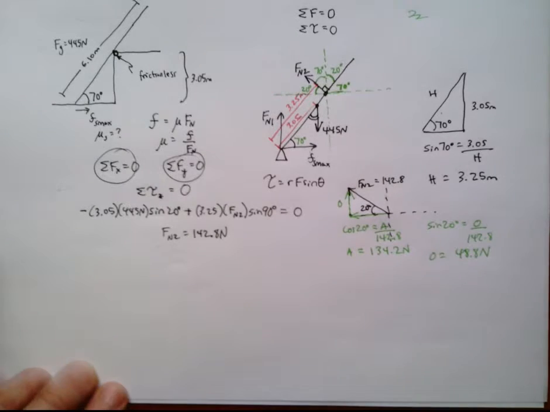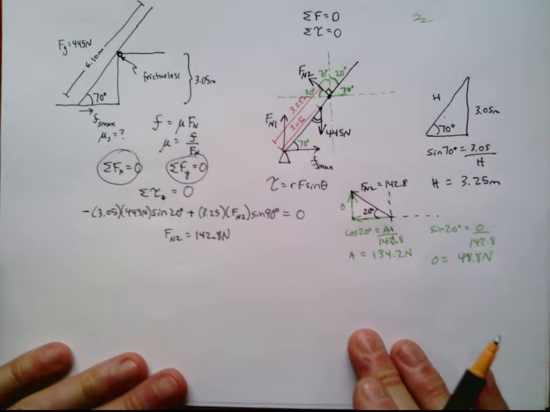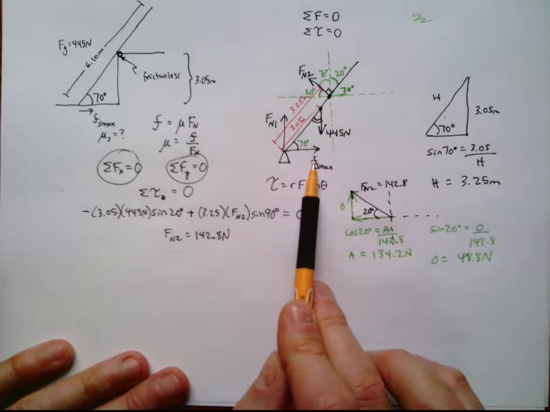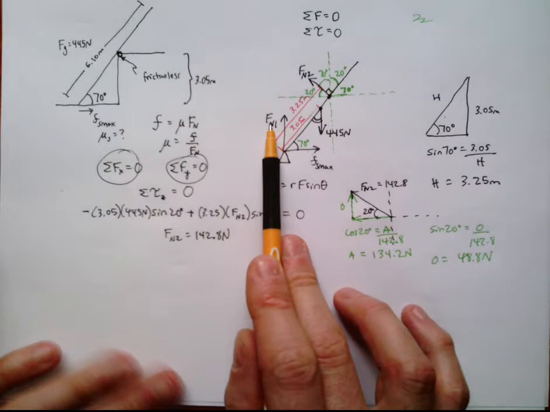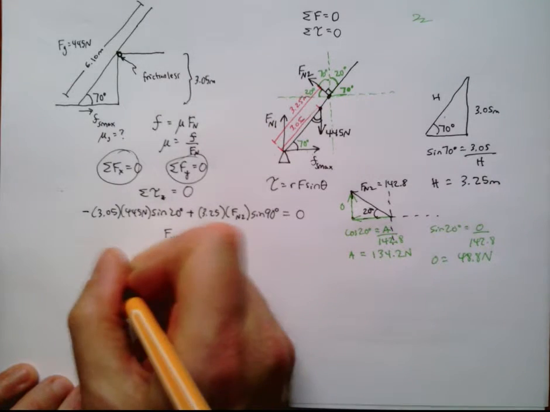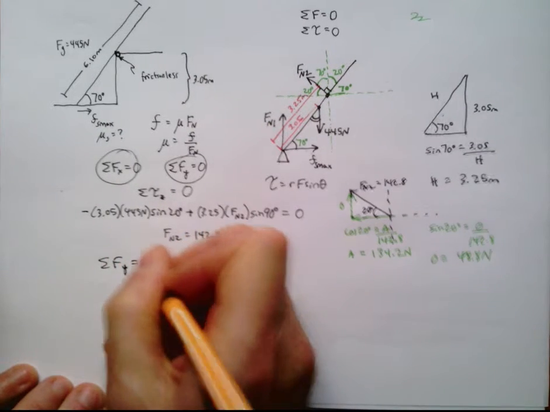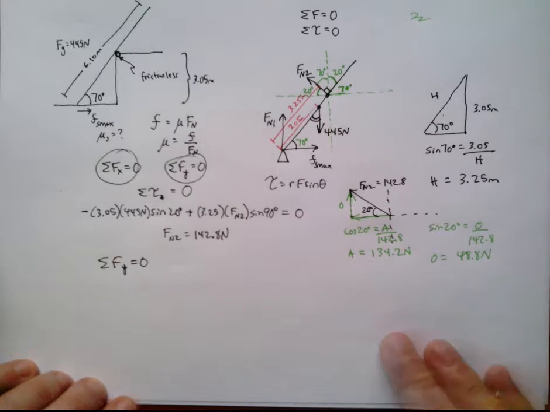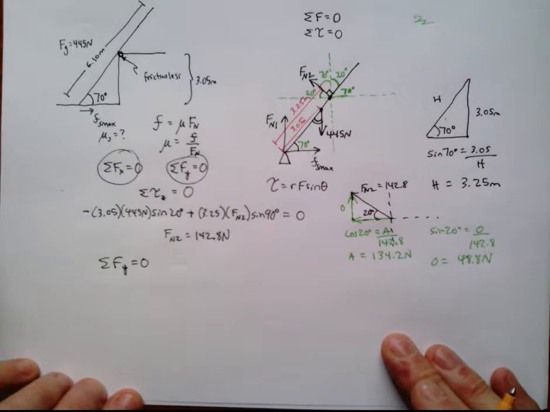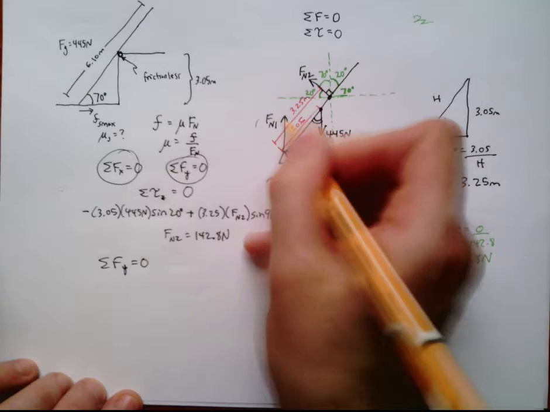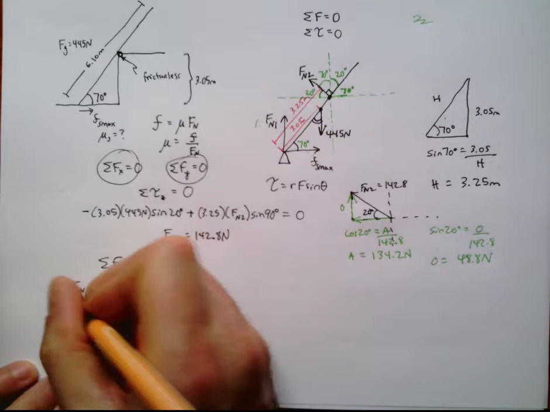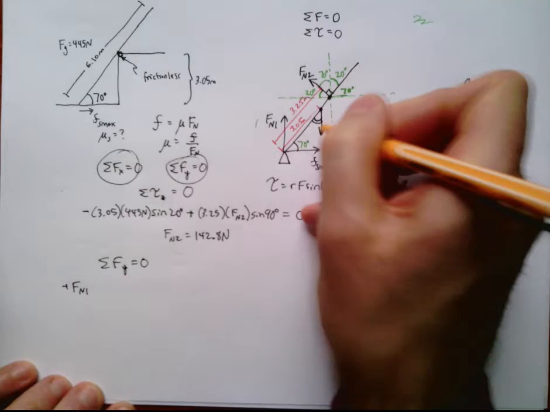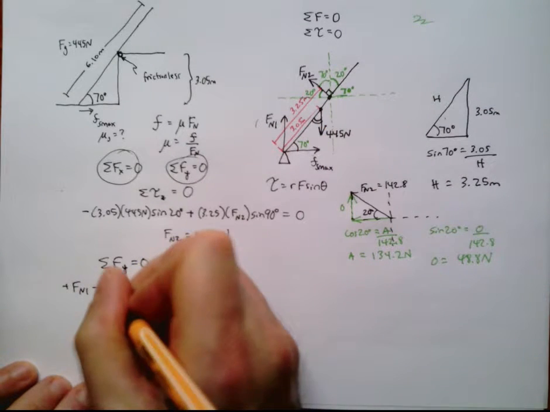Okay, so let's go back to our net force equations, and I'm going to have to do both because I have to figure out both the force of friction and the normal force. So it doesn't matter where I start. Let's start with the y direction. So really just looking at the forces, not torques, and looking at the y direction. Right here I have Fn1, and that points up, so it's positive. Here I have 445, the weight of the ladder.